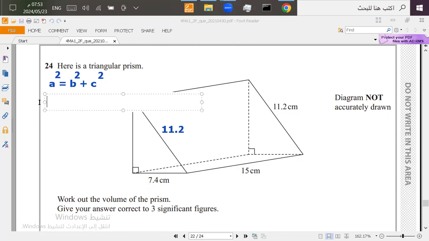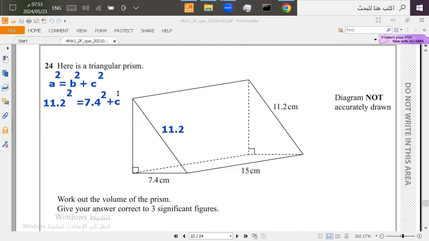So we're going to say 11.2 squared. Let's write it here. 11.2 squared equals b squared, which is 7.4 squared, like this. As I said, b and c, it's okay if you mix them, but you have to know which one is the longest line.